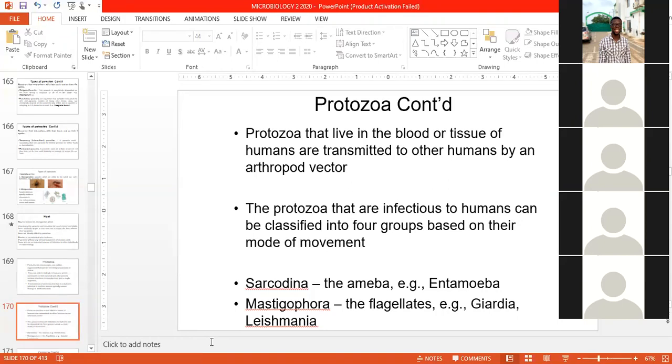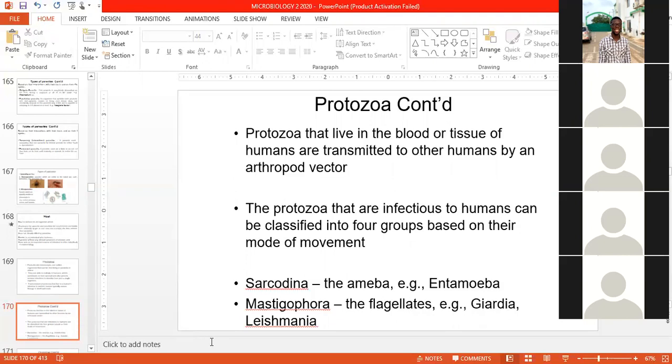Now, first of all, protozoans are grouped into three on the basis of their shape or movement, and the presence of cilia or flagella. Those that move with their body, like amoeba, we group under Sarcodina.